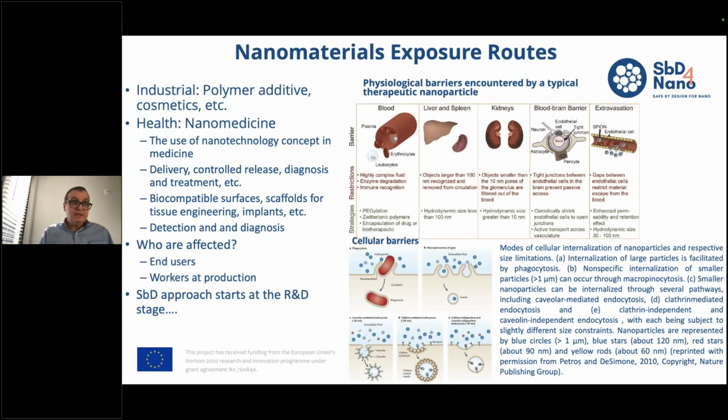So what is the concern here? If these materials are used in any application, at one point, humans will be affected. The environment will also be affected, because we as humans use a product, and then these materials go to the environment, right? So there are many different scenarios in which they can affect health and the environment.